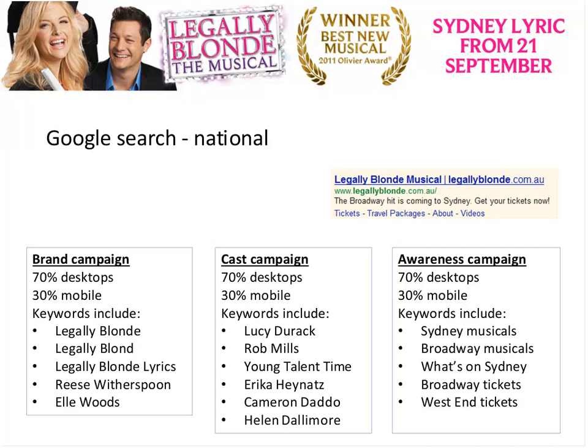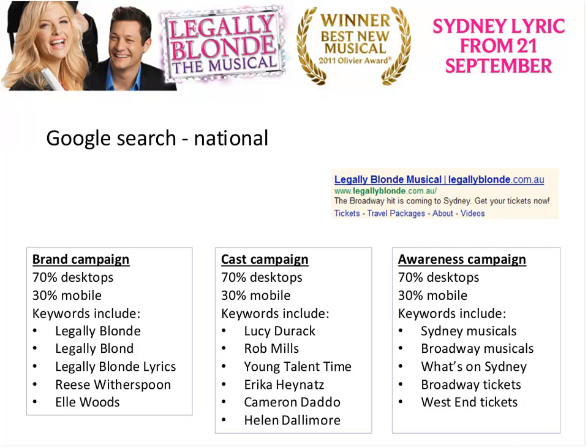Secondly, we have the cast campaign. For this particular show, we have an all-star cast in Australia with people like Rob Mills and Erica Heynatz, Cameron Daddo. So we're targeting people who are actually interested in that cast and are searching for them or the shows they might have been in.